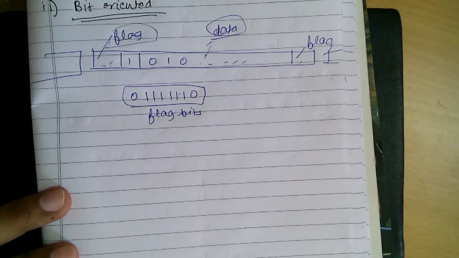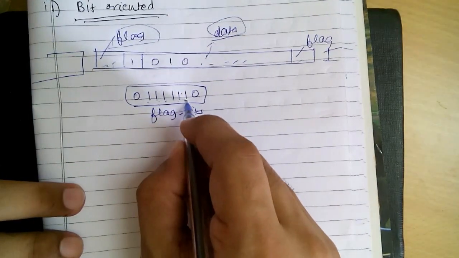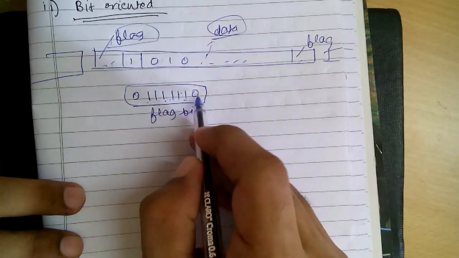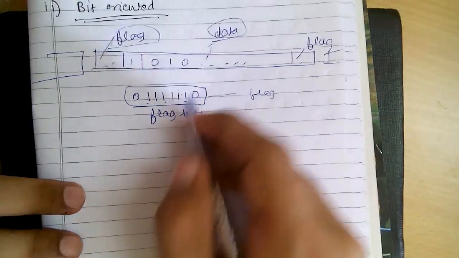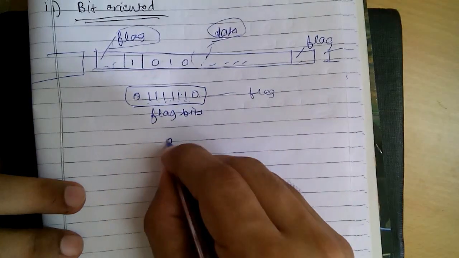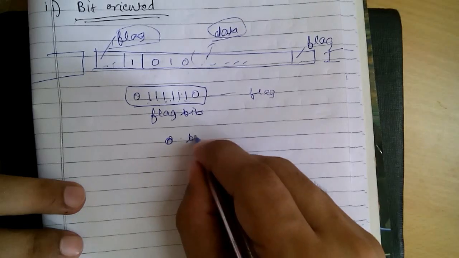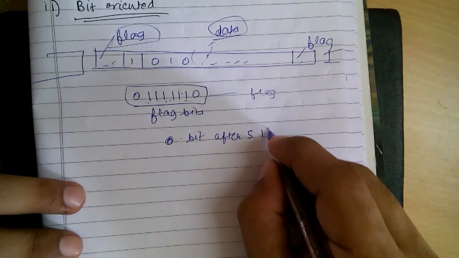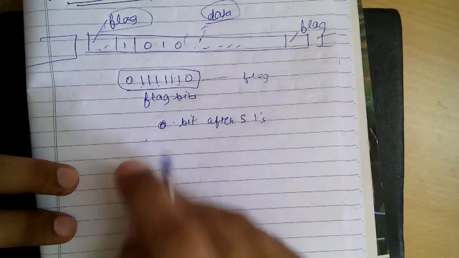To solve this, as we can see, there are 6 ones. When the receiver detects 0, six 1s, then again 0, it considers it a flag. So when this type of data comes in the data part, we differentiate by adding a 0 bit after 5 ones, so that its pattern becomes different from our flag.